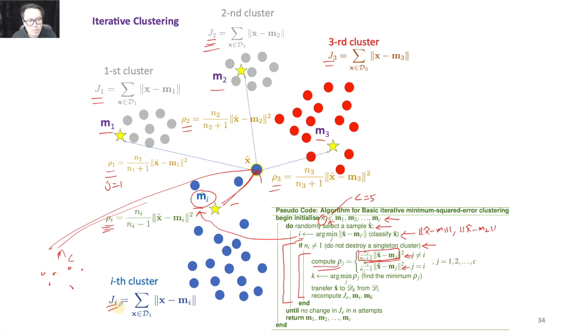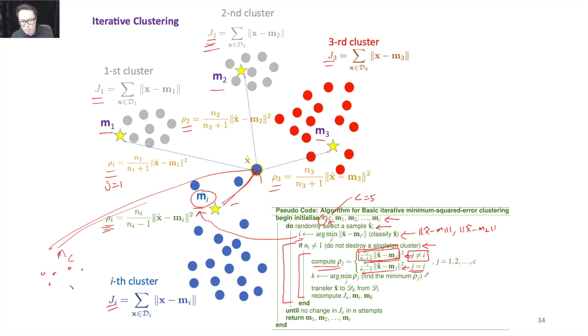So this explains why when j is not equal to i, we use this expression, and when j equals i, we use this other expression. When j equals i, that means it moves away from the ith cluster.